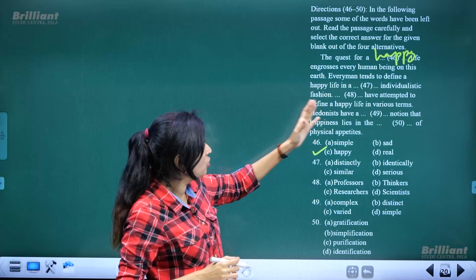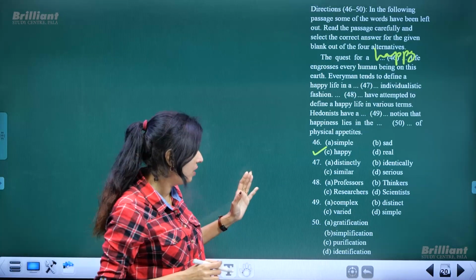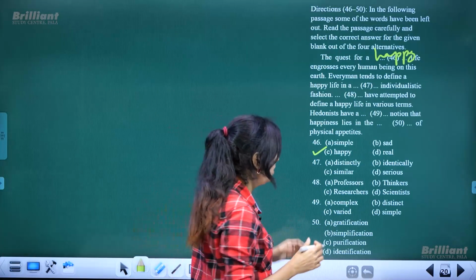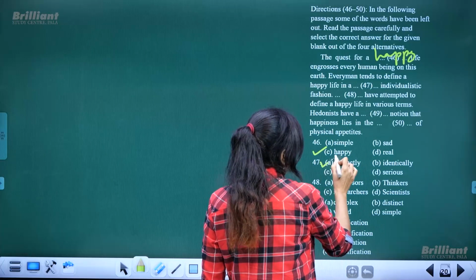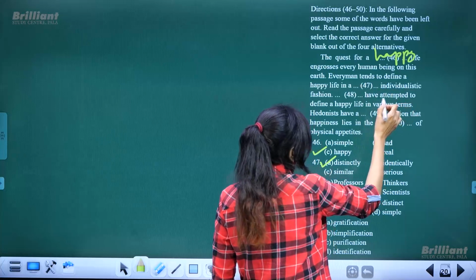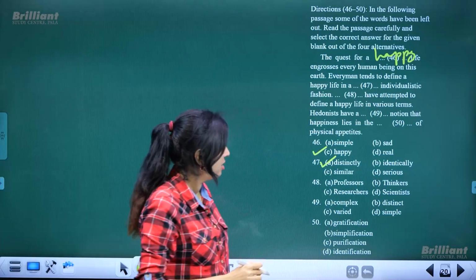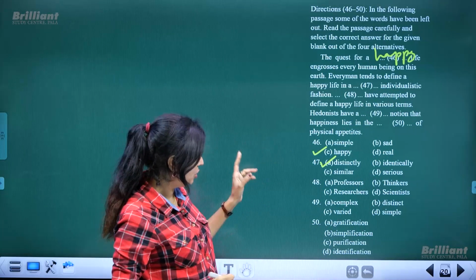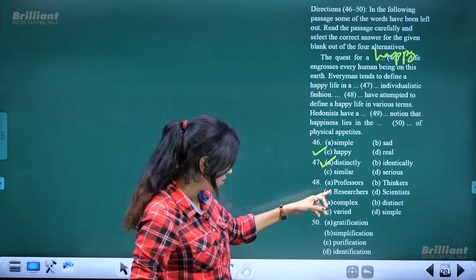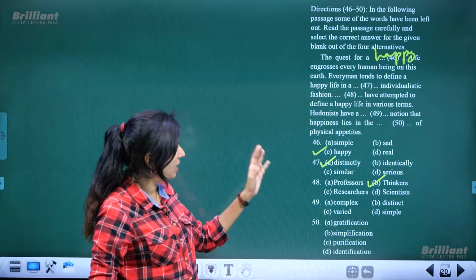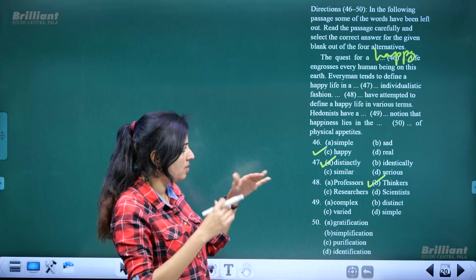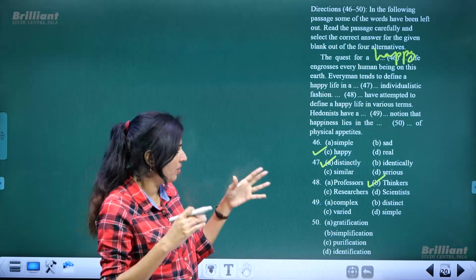Every man tends to define a happy life in a distinctly individualistic fashion. Thinkers have attempted to define a happy life in various ways, according to thinkers the happy lives are different.